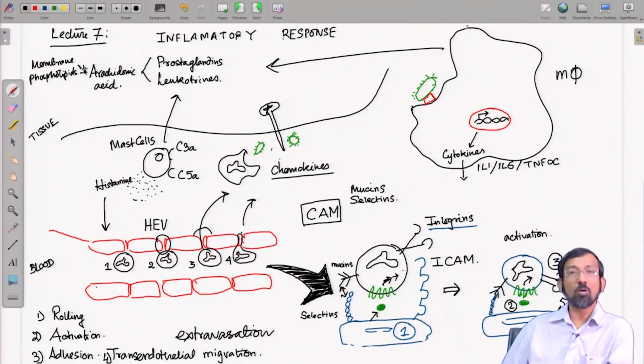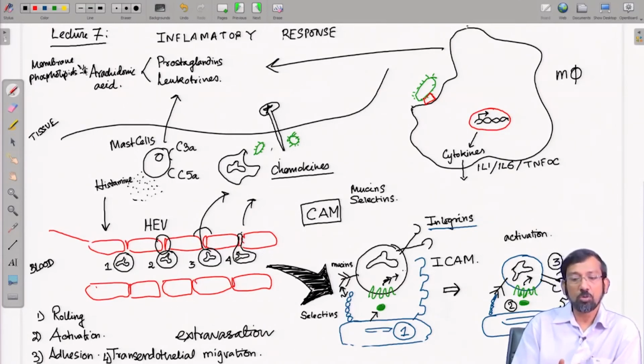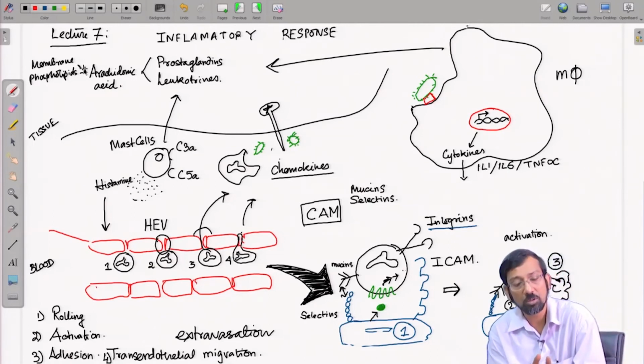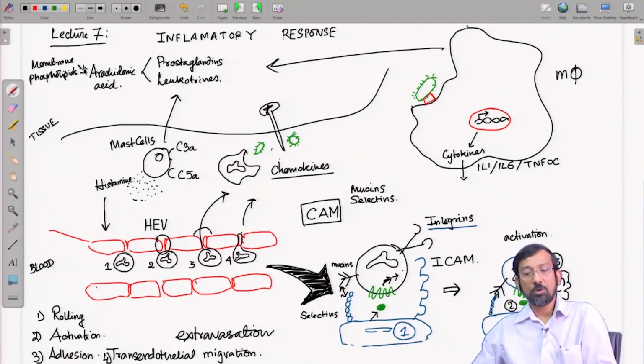Their main function is to increase the vascular permeability and to bring more and more neutrophils to the site of action.